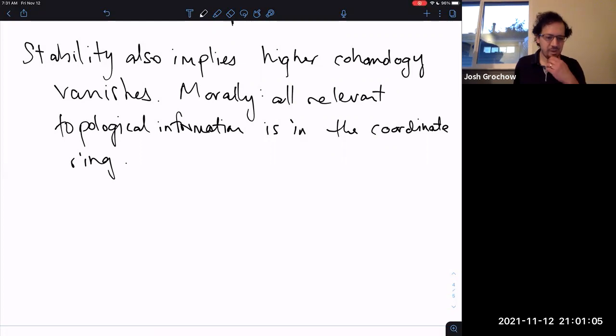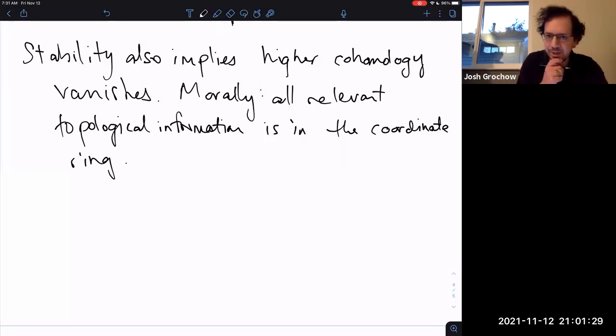All right, so stability was very nice, but in GCT, because you're embedding a function on a small number of variables into a space on many more variables, you only get partial stability for those functions. So the question is, what do you get that's an analog of these things from partial stability?